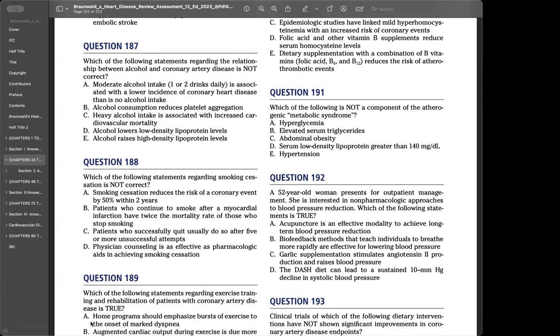There's hyperglycemia, which is fasting plasma glucose of 110 milligram per dl or more. Then abdominal obesity, which is assessed by measuring the waist circumference in men and women; this is subject to some ethnic variations.